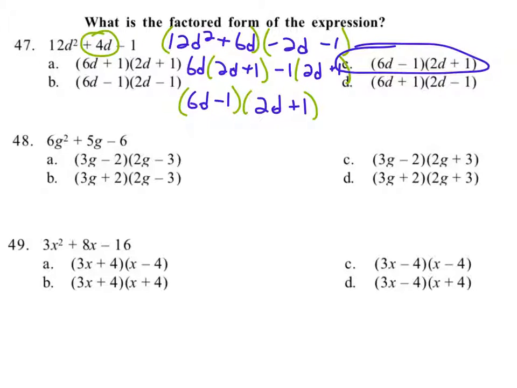All right, let's move on. This next one, 48. What do we got? We've got the leading coefficient of 6 and the constant term of -6. So A times C is -36. Okay, we've got one of each sign.